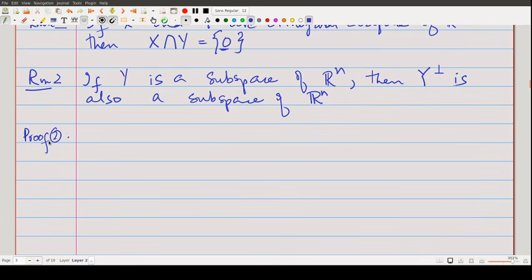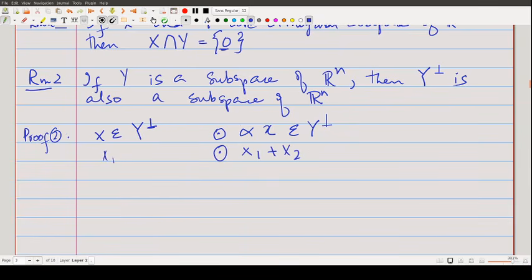And the proof is as follows. To prove it's a subspace, you have to show two things. You have to show that alpha times x also belongs to this space, that is, it's closed under scalar multiplication, and that it is closed under addition, so x1 plus x2.